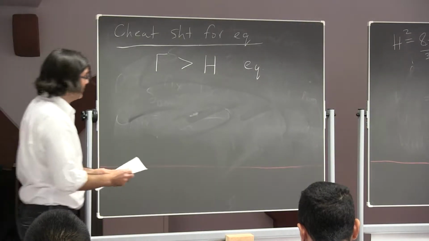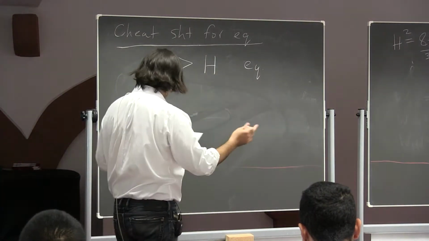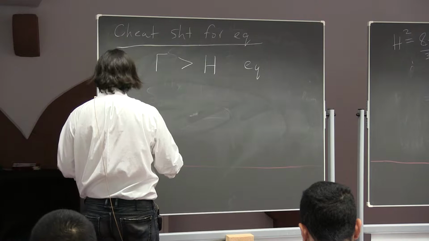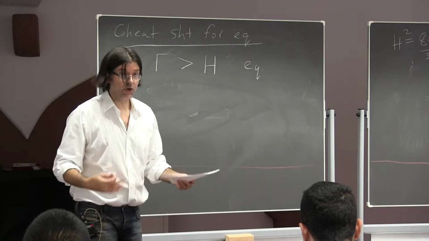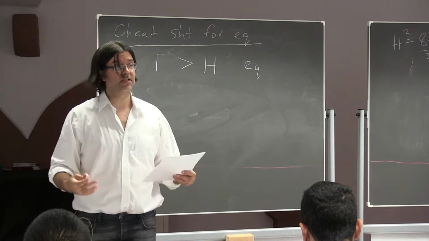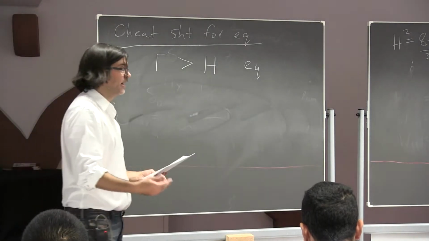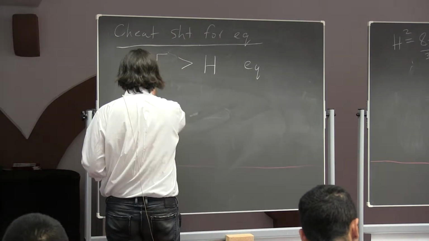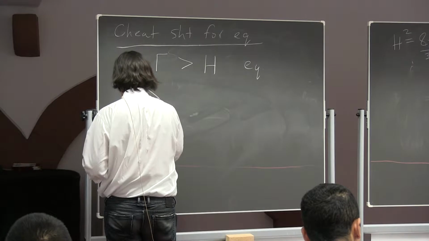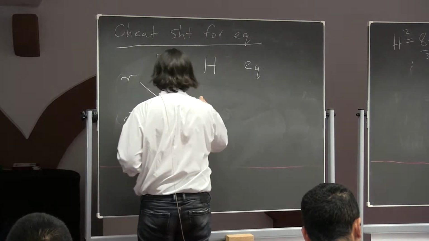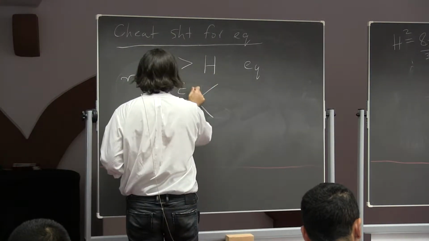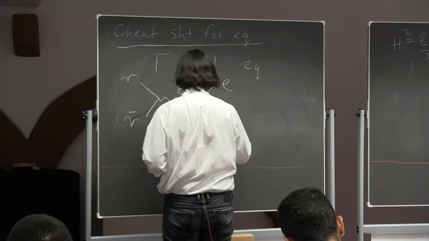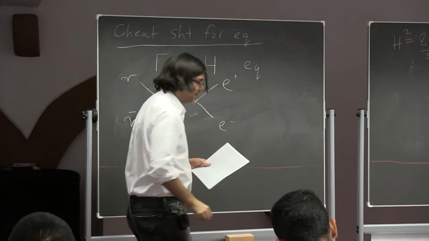Let's do an example of this, an example that I'm sure you've all done, but it's very healthy because it shows you the kind of estimates that you need to be doing when you're doing particle dark matter calculations. So it's the question of neutrino-neutrino freeze-out. Neutrinos annihilate into e plus e minus in the early universe.